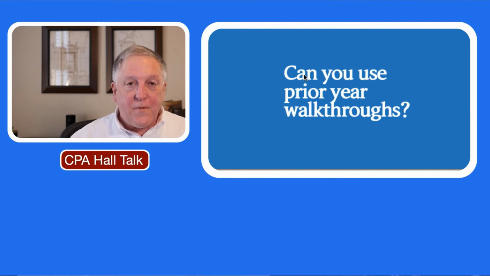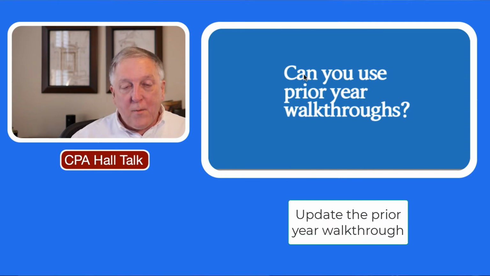You do it in the first year, and then you continue to roll that document forward. You make those observations, you inspect those documents, you inquire, you ask questions, and you update the prior year walkthrough with the current year information.